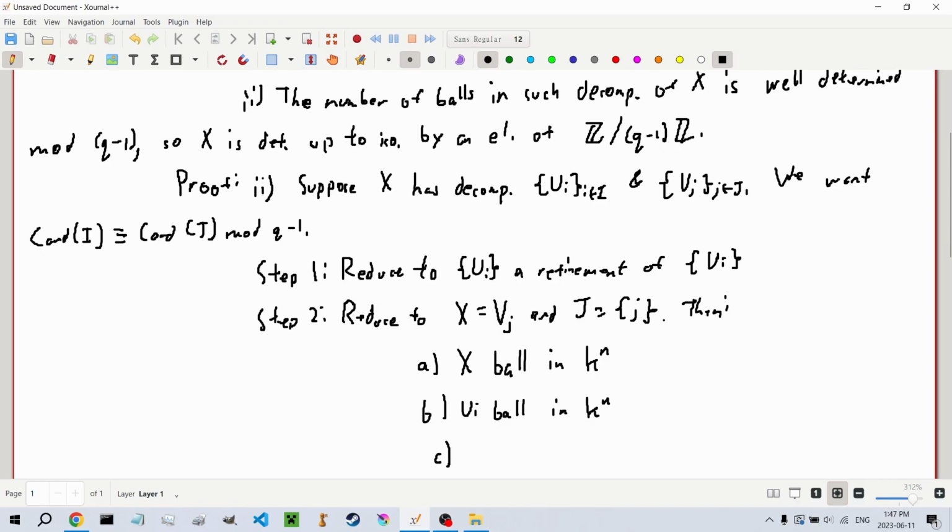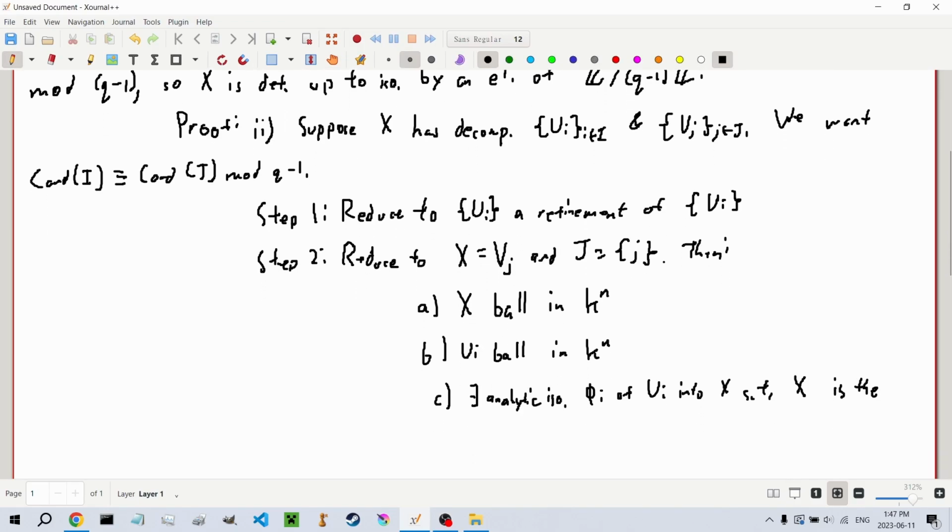Thirdly, there exist analytic isomorphisms V_i of U_i into X such that X is the disjoint union of each V_i acting on its respective U_i.